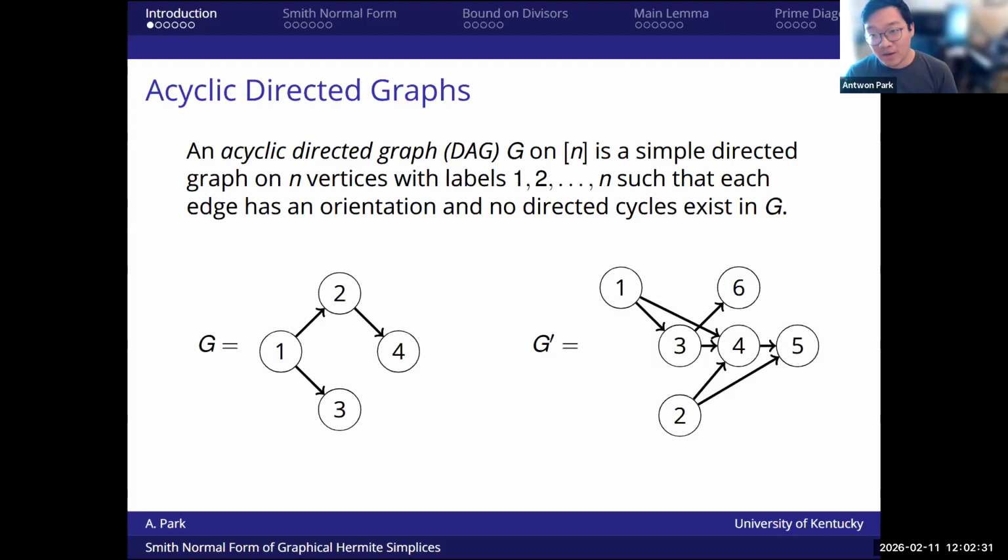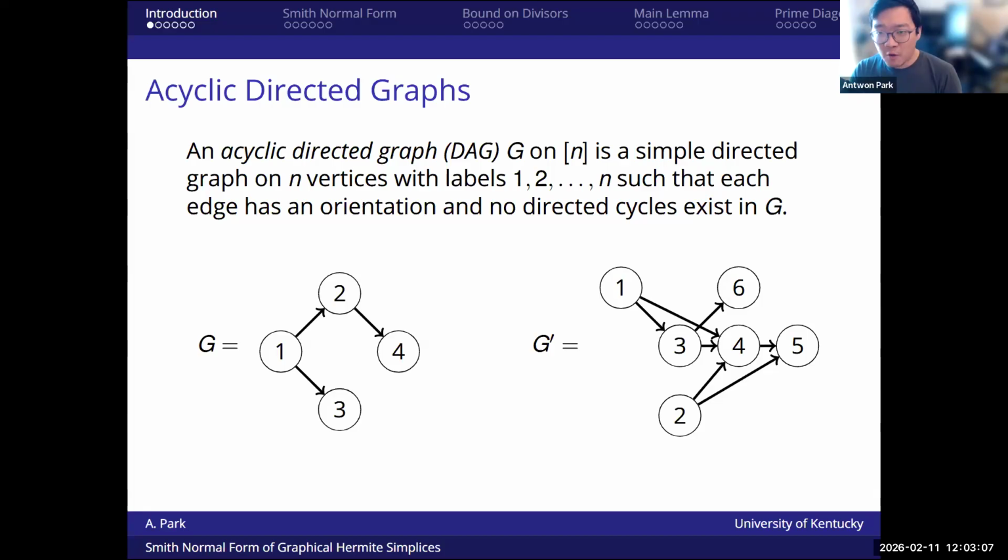An acyclic directed graph. The acronym doesn't go quite the right way because a directed acyclic graph and an acyclic directed graph are technically different things, but we call them DAGs. It's a simple directed graph on n vertices where the labels are from 1 through n, and each edge has an orientation, and no directed cycles exist in G. Here I have two examples of these acyclic directed graphs, and no matter how you walk on these vertices, you have to step in the direction of the arrows, and there's no way to end up back where you started.